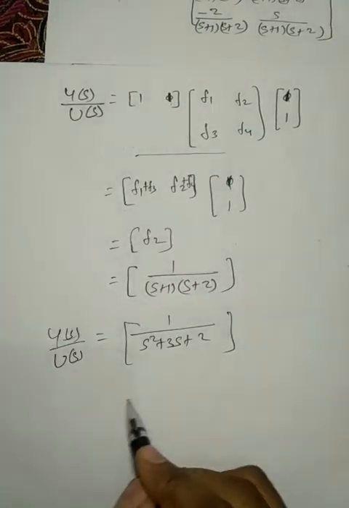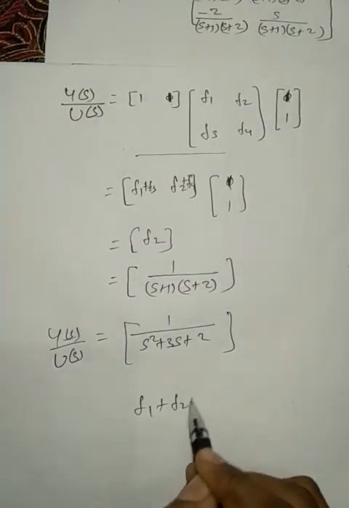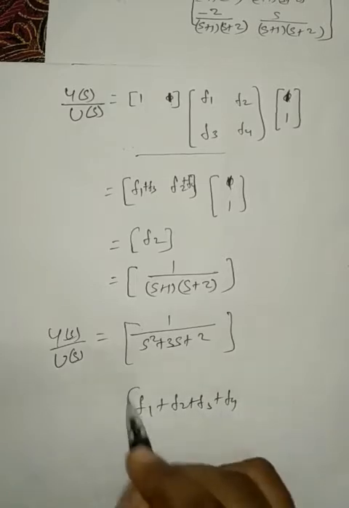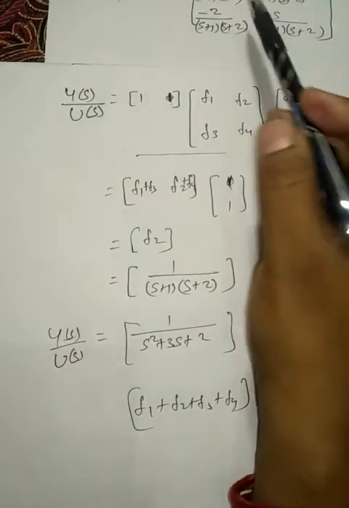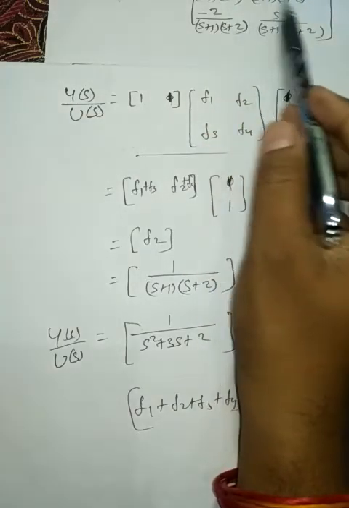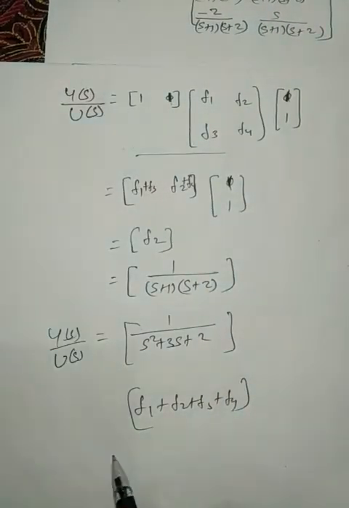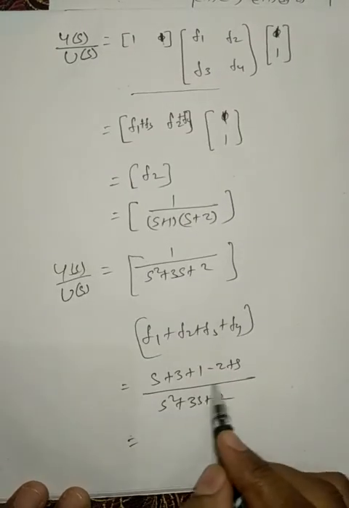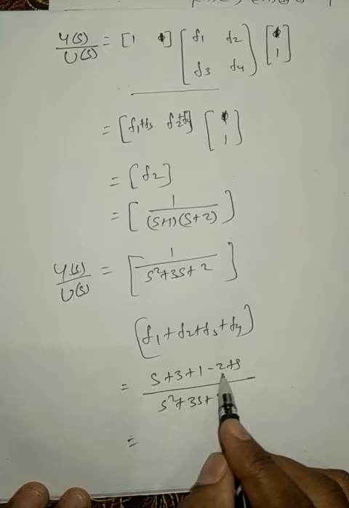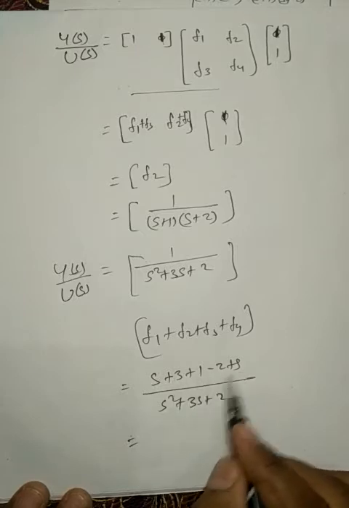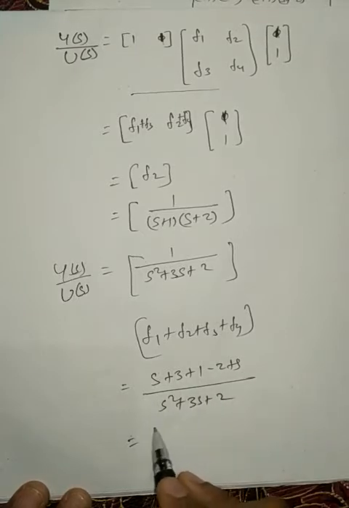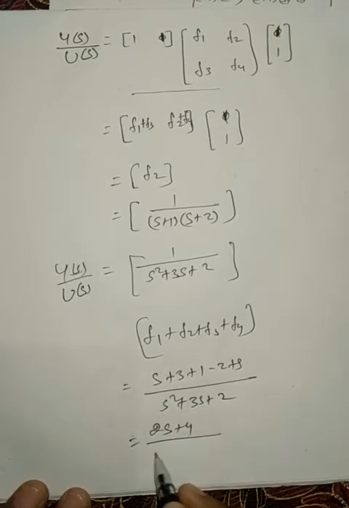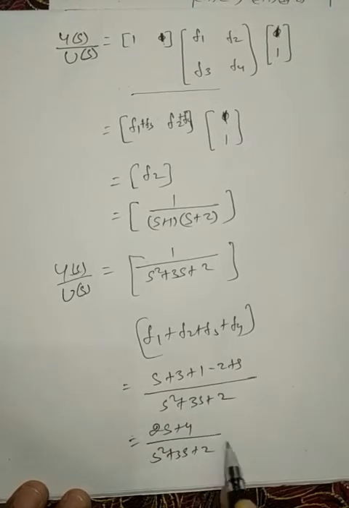ठीक है, तो फाइनली आउटपुट क्या बन जाता है? f1 प्लस f2 प्लस f3 प्लस f4. और ऊपर क्या क्या है, इन सबको अगर प्लस करें तो s प्लस 3 प्लस 1 माइनस 2 प्लस s डिवाइड बाय s स्क्वायर प्लस 3s प्लस 2, and this will be equal to 2s plus 4 divided by s square plus 3s plus 2.